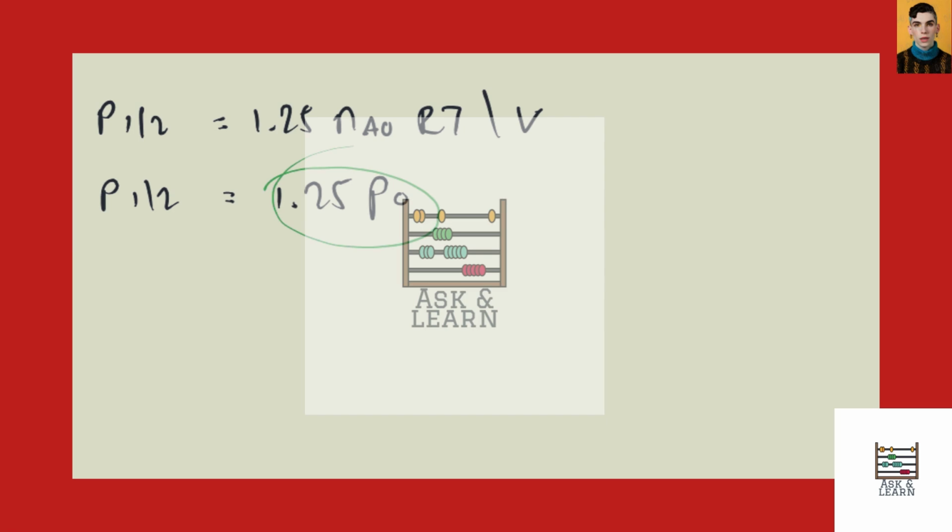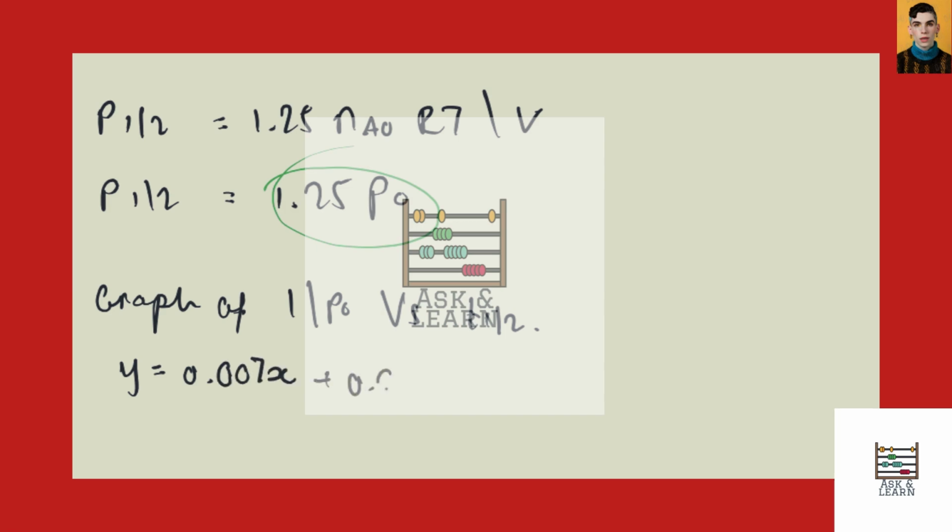Following this, we can plot the graph of 1 over P0 versus T1/2. We get a straight line equation of y is equal to 0.007x plus 0.003.